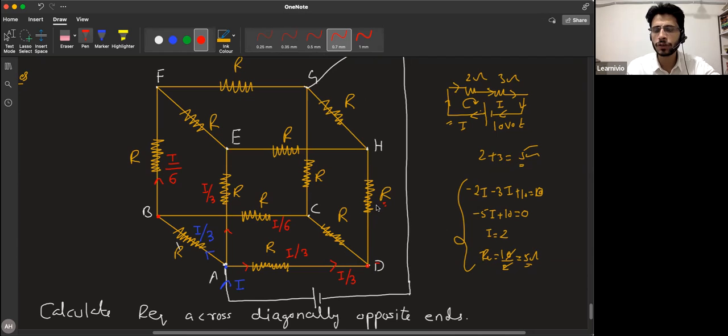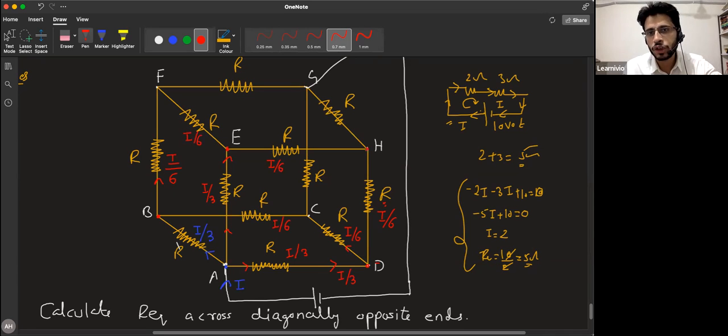So what current will pass through this R? I by 6. And through this R? I by 6. Now, the same will happen here. I by 3 is entering here. It will divide into 2 parts, so it's I by 6 here and I by 6 here.